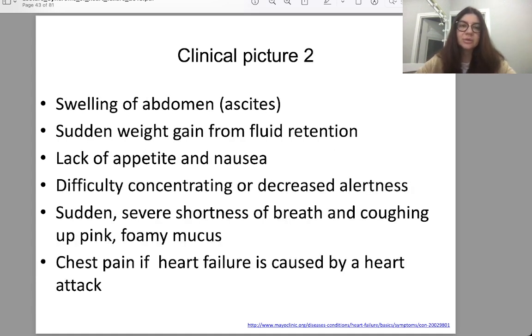It can include swelling of the abdomen, we name it ascites, sudden weight gain from fluid retention, lack of appetite and nausea, difficulty concentrating and decreased alertness, sudden severe shortness of breath and coughing up pink foamy mucus. It can be chest pain if heart failure is caused by a heart attack.